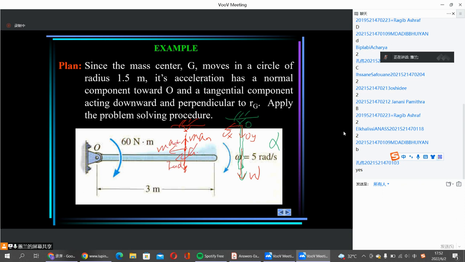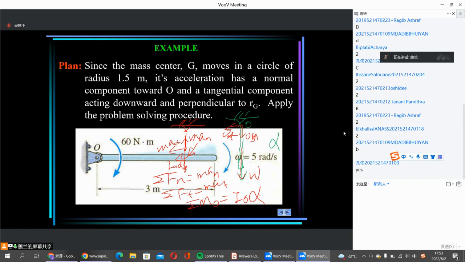And again, you will have sigma Fn equal to MAN, sigma Ft equal to MAT, because here you use OT or OX or OY, and sigma MO equal to IO alpha.